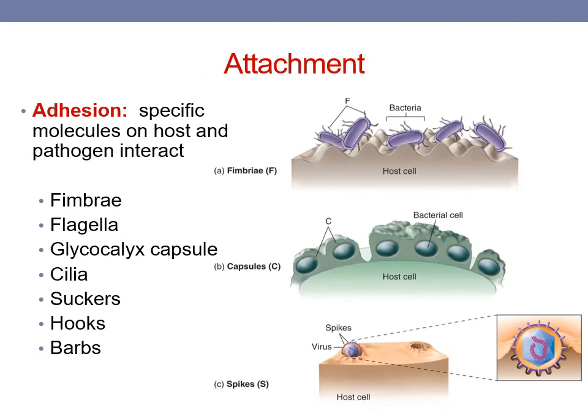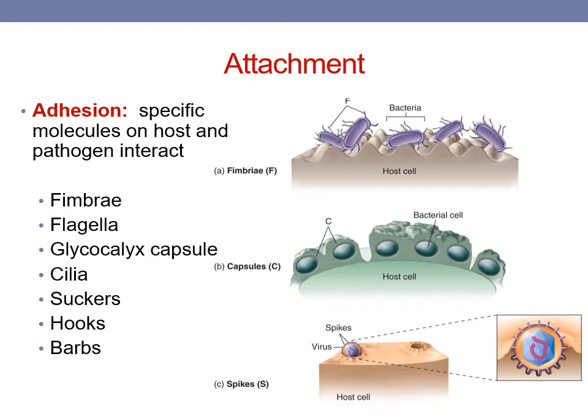This slide shows the different methods pathogens use to attach and adhere to the host. The microbial structures listed here are used to attach to specific structures on the host. For example, the fimbriae of E. coli cells attach specifically to the cells of the small intestine, as shown in this figure here, marked A. And other structures like the flagella are used to help the bacteria swim to its target tissue within the host.